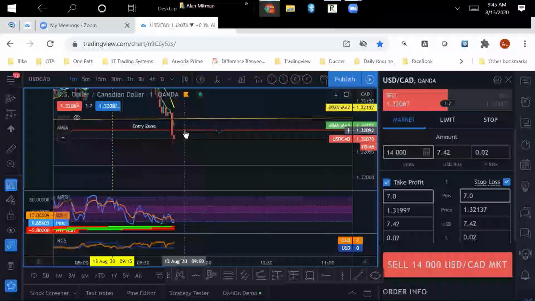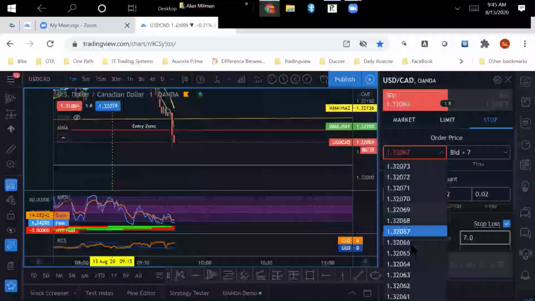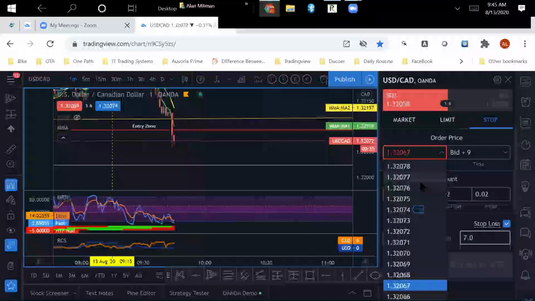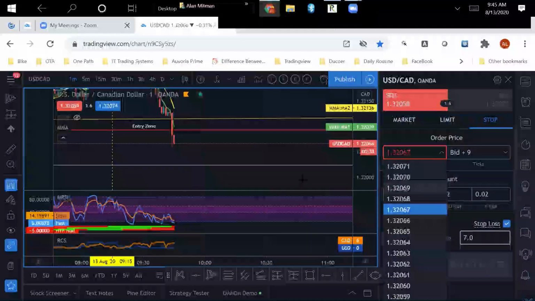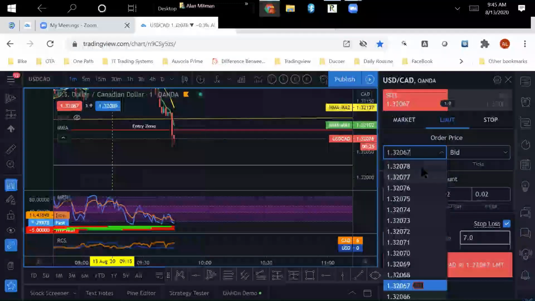That's at 32.09. I'll do a sell limit at 32.09 if I can do that. See if we can get us in there.